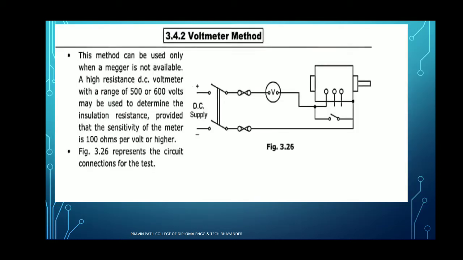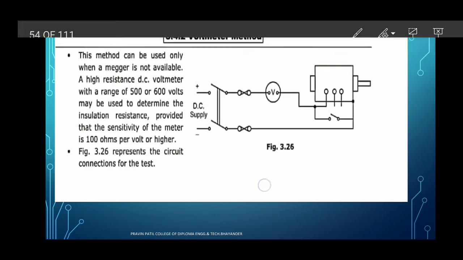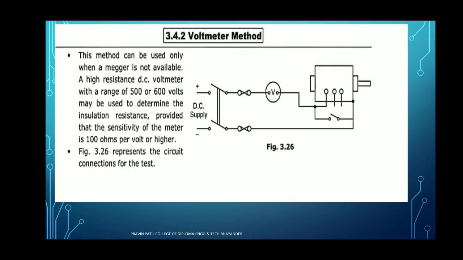Next, the voltmeter method. This method can be used only when the megger is not available.